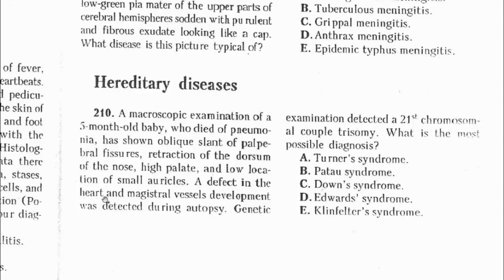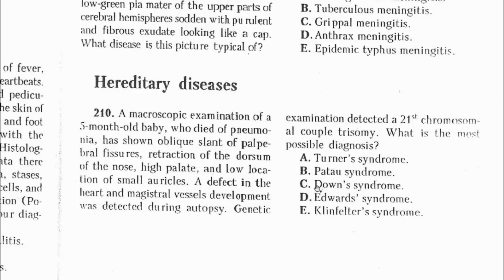A defect in the heart and magistral vessels development was detected during autopsy. Genetic examination detected... So why didn't they just go straight and tell us trisomy 21? Case closed. Please, your answer is Down syndrome, which is what?